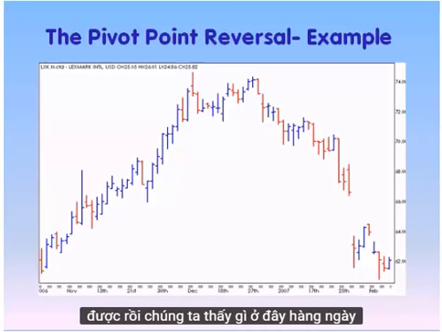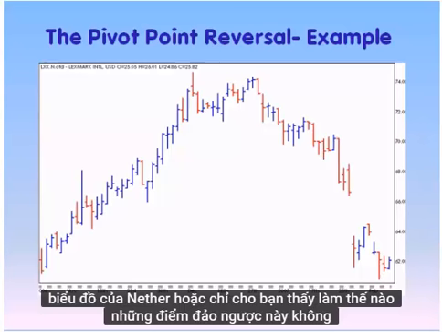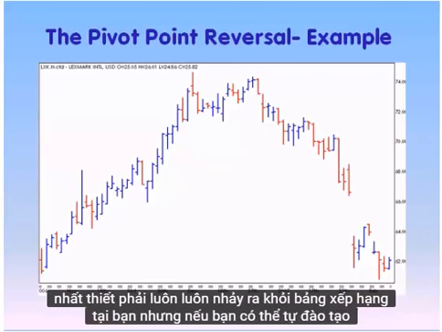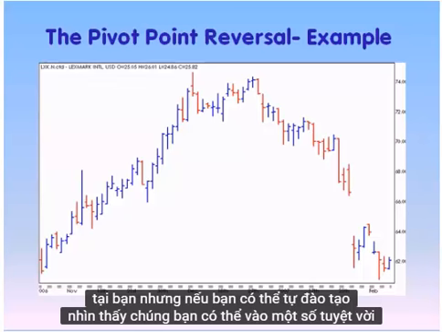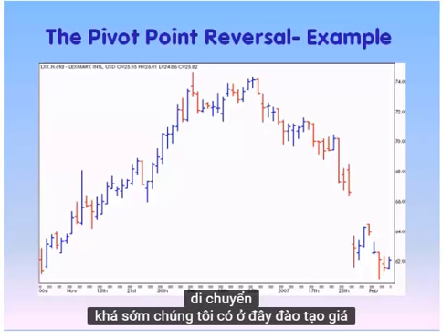Okay, what do we see here on this daily chart of Lexmark? I want to just show you how these pivot point reversals don't necessarily always jump out of the chart at you, but if you can train yourself to see them, you can get into some great moves quite early.